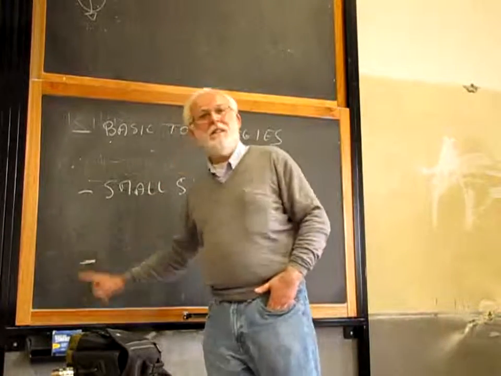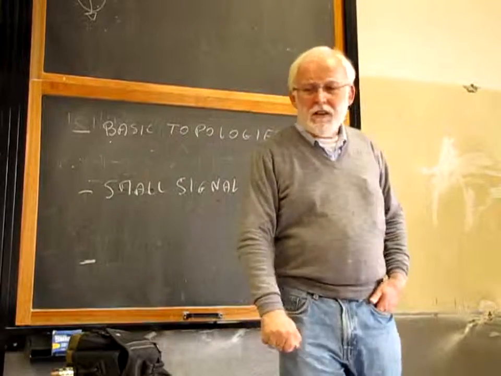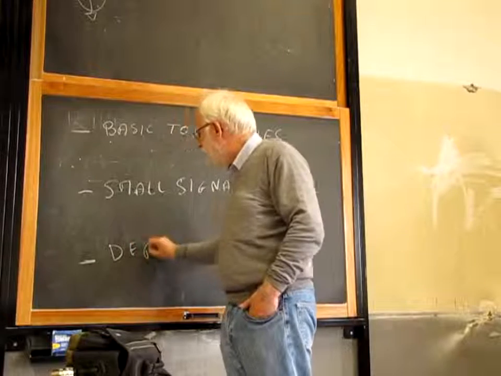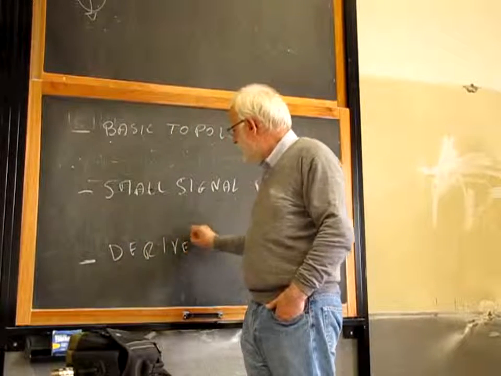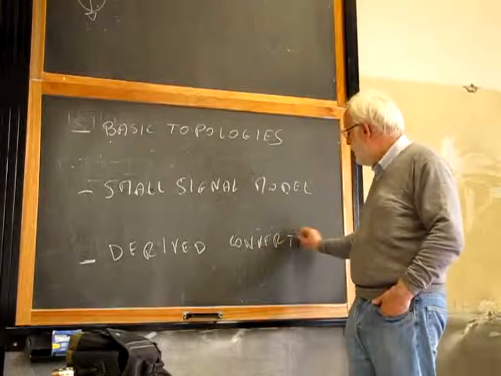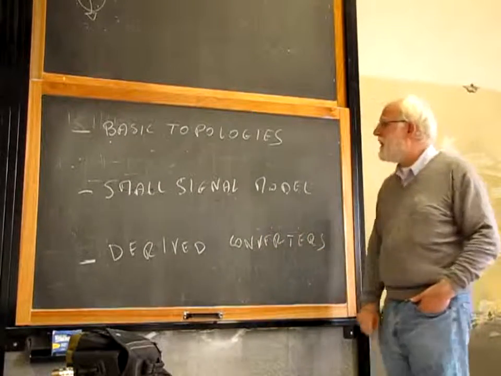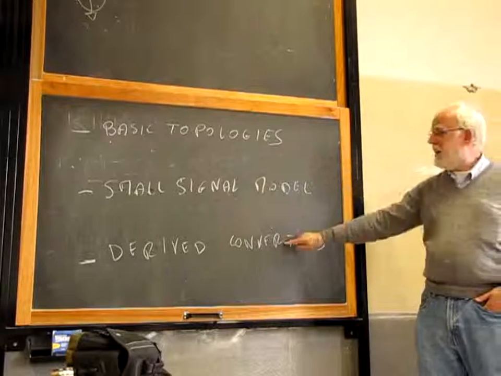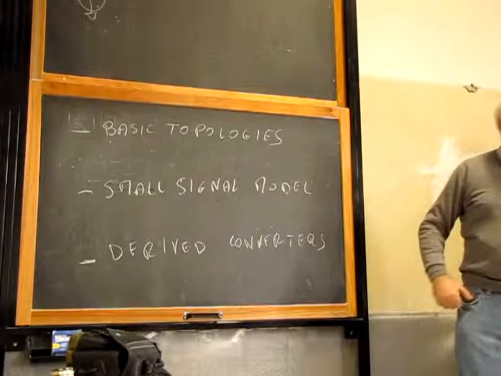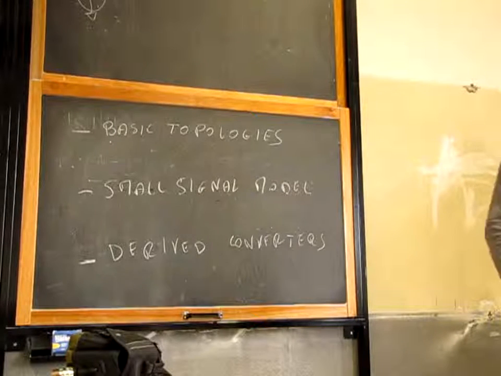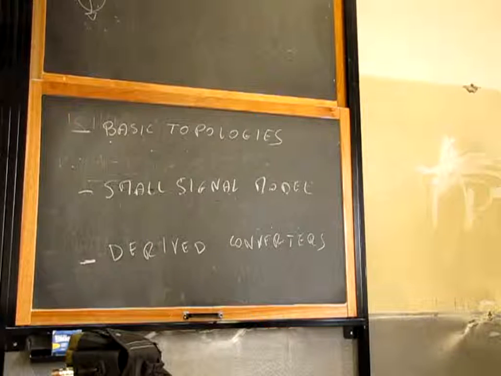The last subject of this class will be the derived topologies, derived converters. That means converters based on the basic topologies, but they have an extra transformer to make them isolated, to make them the real power supplies you have in your life.